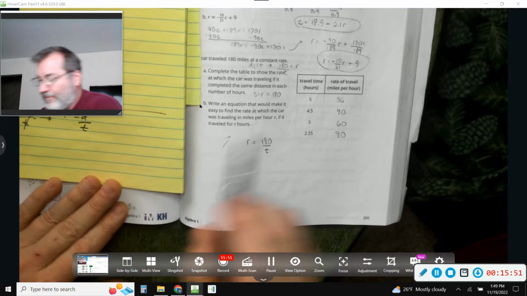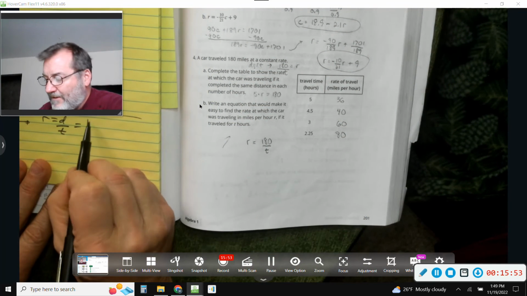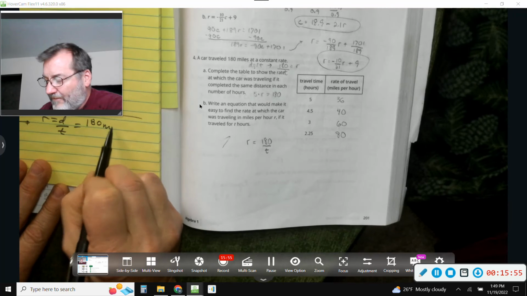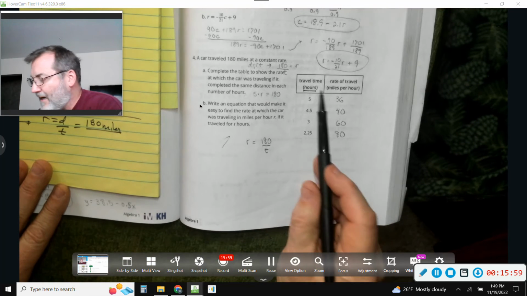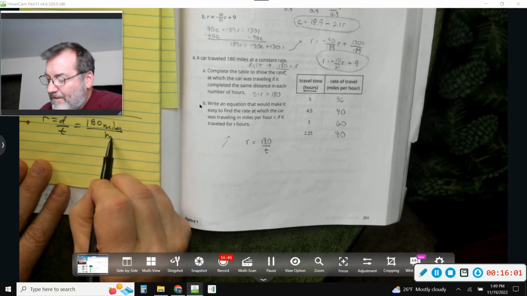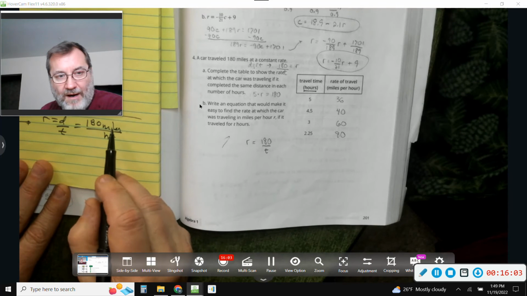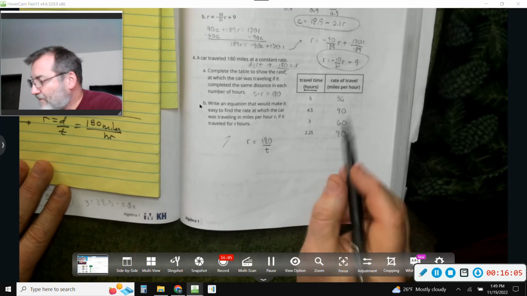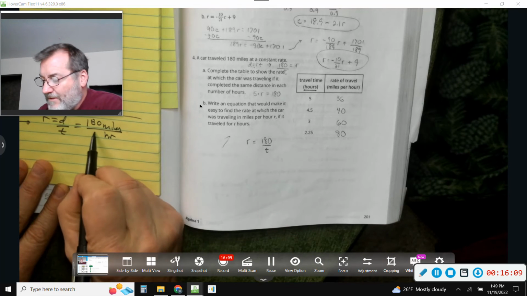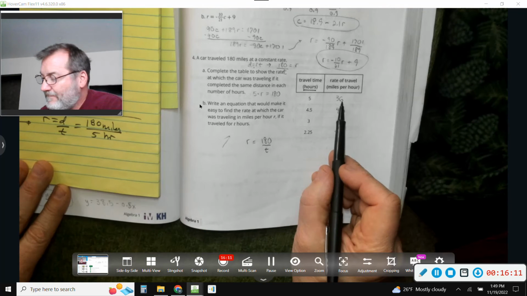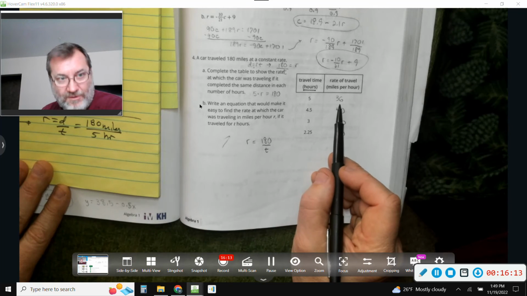In this particular instance, we know it's 180 miles. And we just have to divide by the time. Now the time is in hours, so we're going to get units in miles per hour, which is fine, because that's what they want over here. The first one is 180 divided by 5, which turns out to be 36.